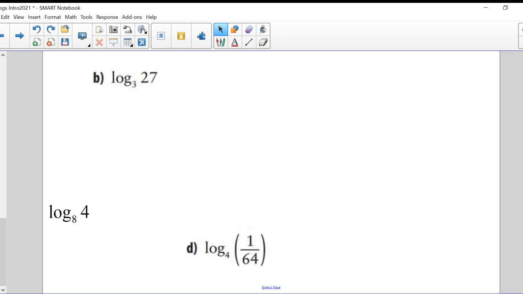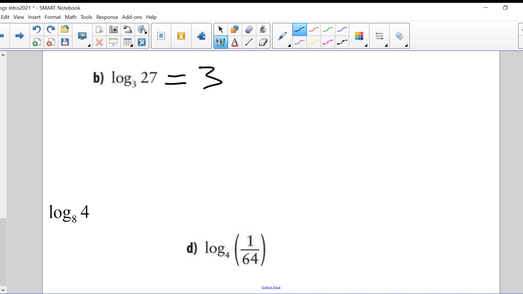I think I can get the answer. Okay, sure. What is that? Is it 3, he says? Yes, it is, sir. The log base 3 of 27 is in fact 3.